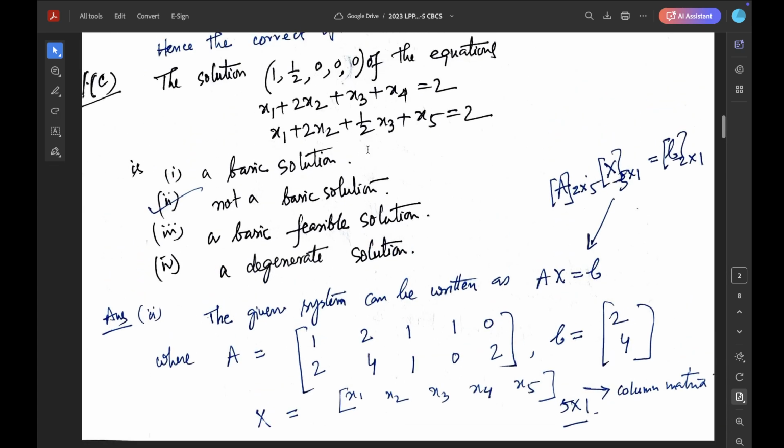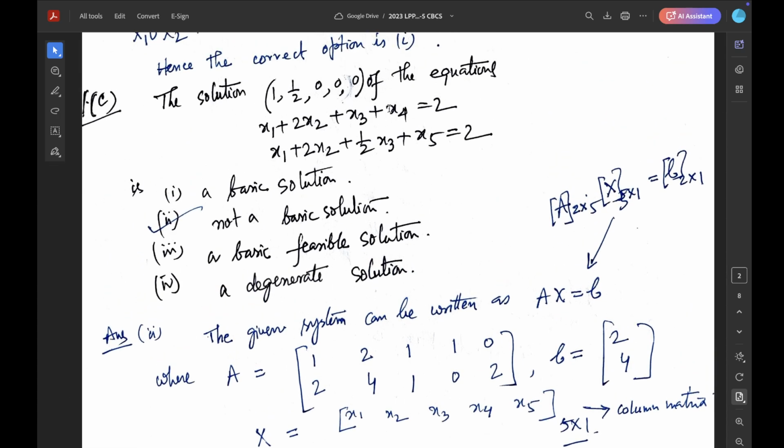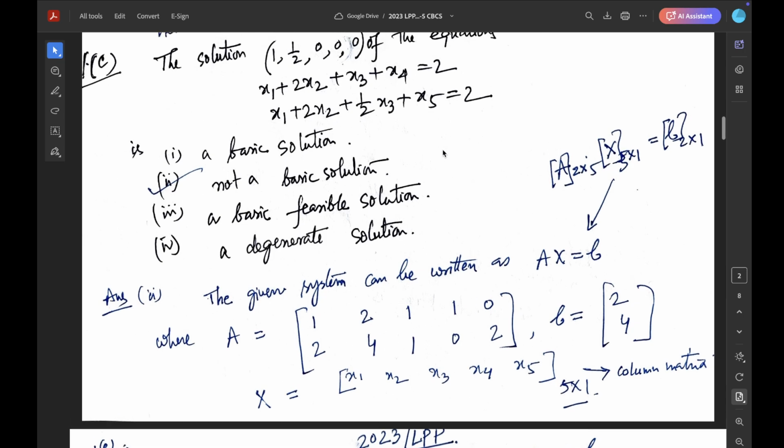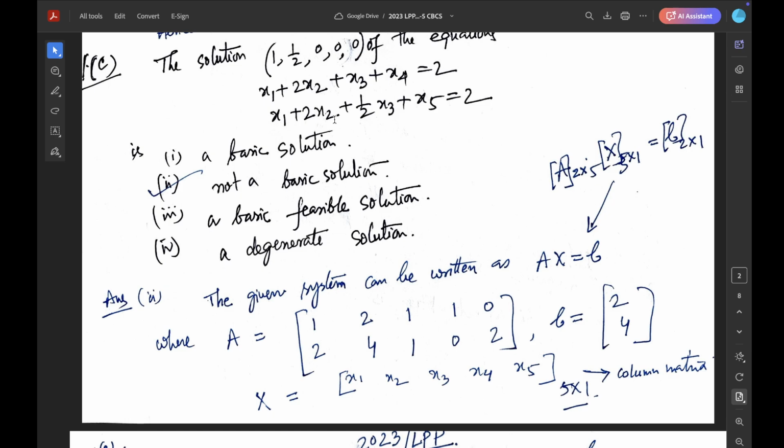Now the given system of linear equations can be written in matrix form as Ax equal to b. Obviously A is a 2 by 5 matrix, 2 rows and 5 columns. Actually we multiply the second equation by 2 on both sides.